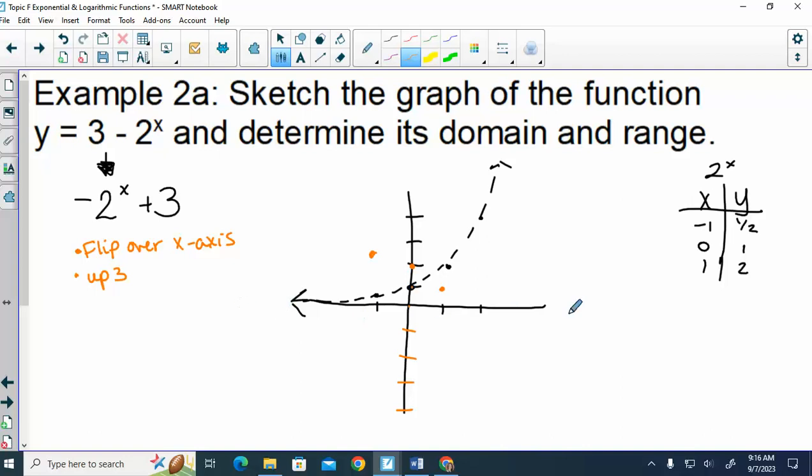So we had a horizontal asymptote at 0. The flipping doesn't move that, but when I go up 3, that means positive 3 is the horizontal asymptote now. So the graph looks something like this. You need to make sure you are including those asymptotes on your graphs.